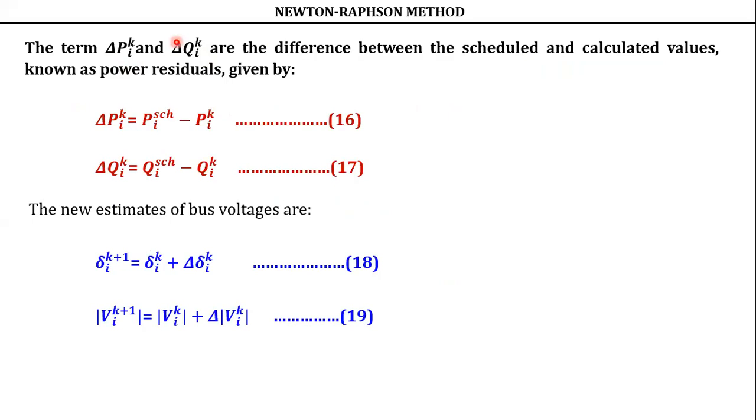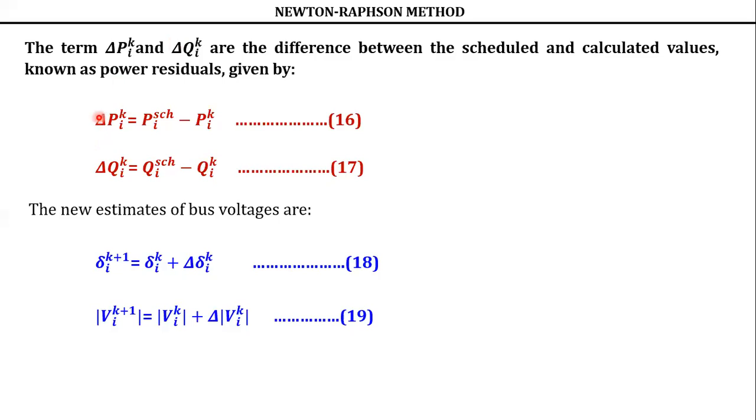And delta delta and delta V are called corrections. This is what I told in the Jacobian equation, isn't it? Delta PiK, delta QiK are the difference between the scheduled and calculated values, known as power residuals. Already I told that.